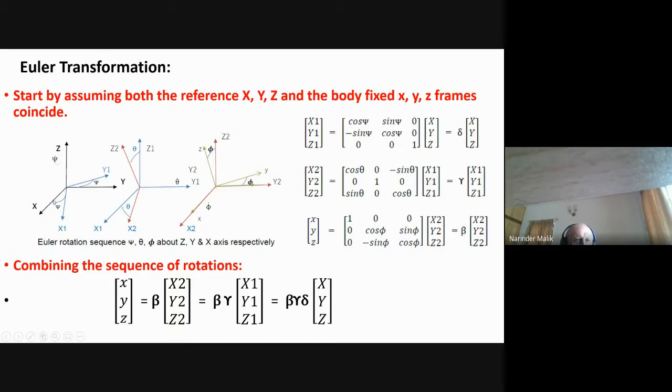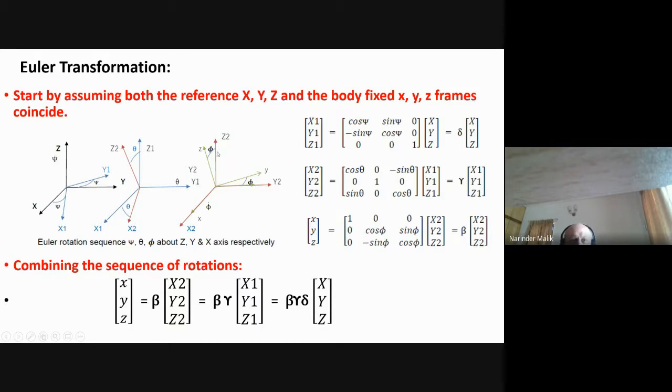For the first rotation, using the formula I explained earlier, I write x1, y1, z1 with cosine psi. Now the second rotation I give by angle theta about y1, the displaced axis, and the rate is phi dot. So I write the relation between x1, y1, z1 and x2, y2, z2.